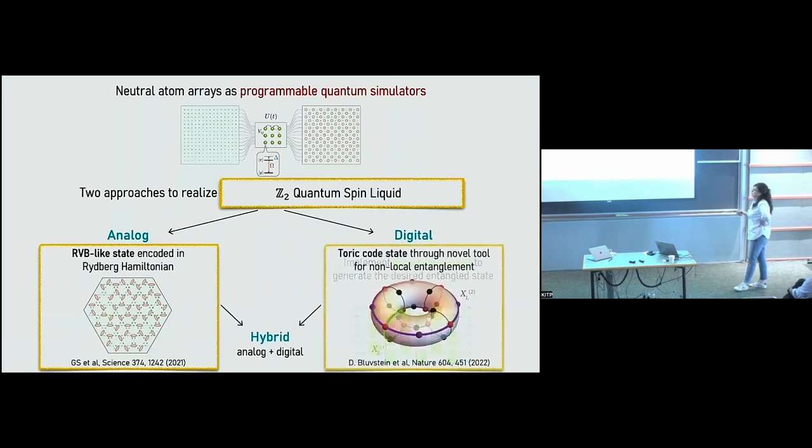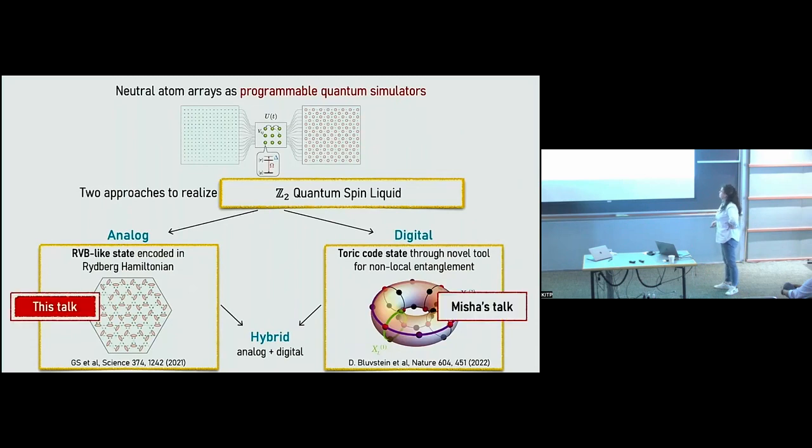But in one of the experiments that Misha mentioned towards the end, you saw that we can also realize the same type of phase, a Z2 quantum spin liquid, in the toric code state, with this atom moving architecture. So I think this is one of the interesting features of this atom array platform that I just wanted to point out, because it's one of the cool things about this array.